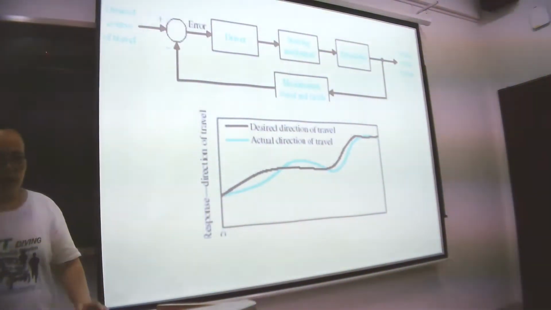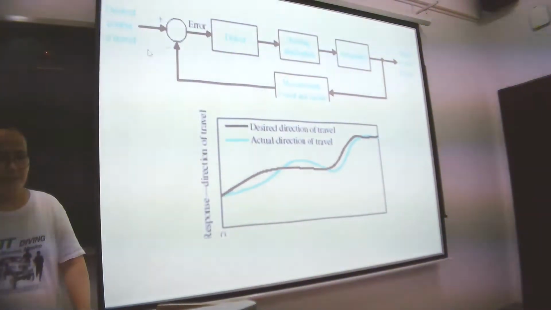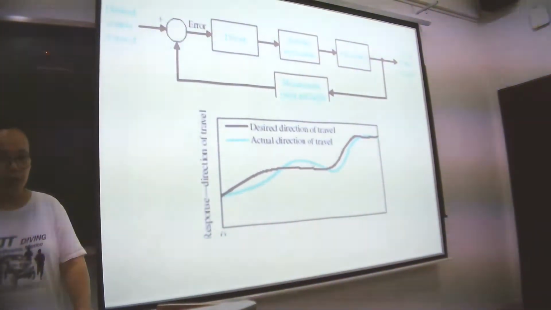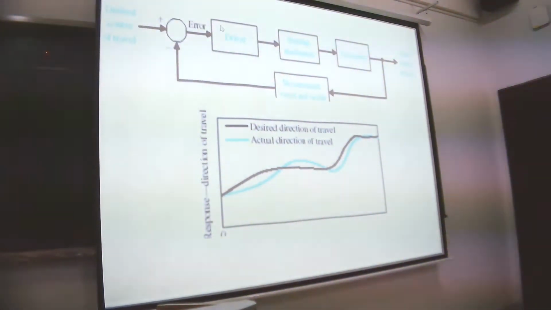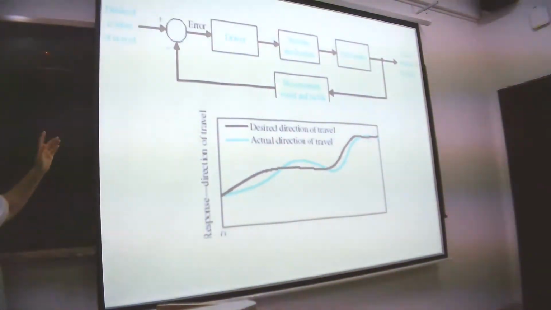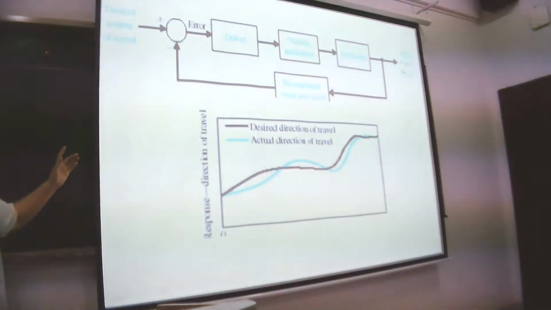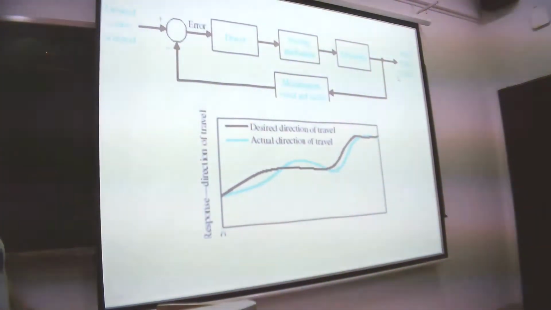Now, we see there is the closed loop control system. Now, the figure of the control. Here we have the desired course of travel. Now, in fact, the output is the actual course of travel.